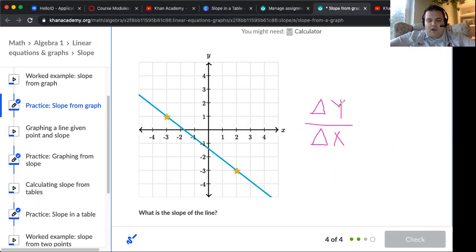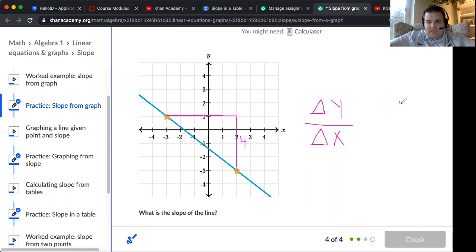So we have change in y over change in x. We're looking at, from one point to the other, how much is y changing and how much is x changing. And the tricky part that I've seen with many students is they'll say something like this. They'll say, oh, well, y changes by 4 as x changes by 1, 2, 3, 4, 5.